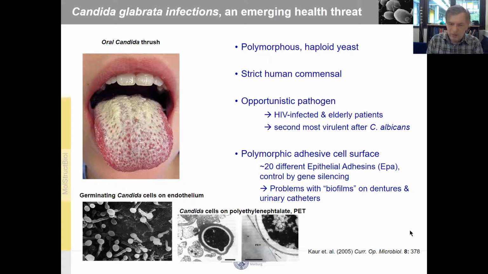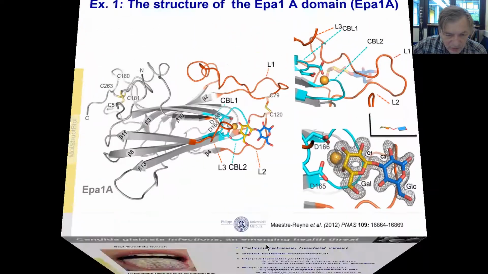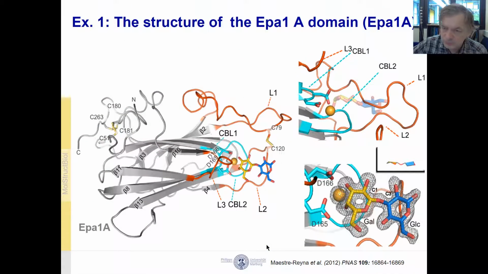Unfortunately, these catheters are made of PET material, and Candida adheres very well to this plastic surface, as you see here. This is actually mediated by these adhesins I just mentioned before. So there's a problem with fungal infections.